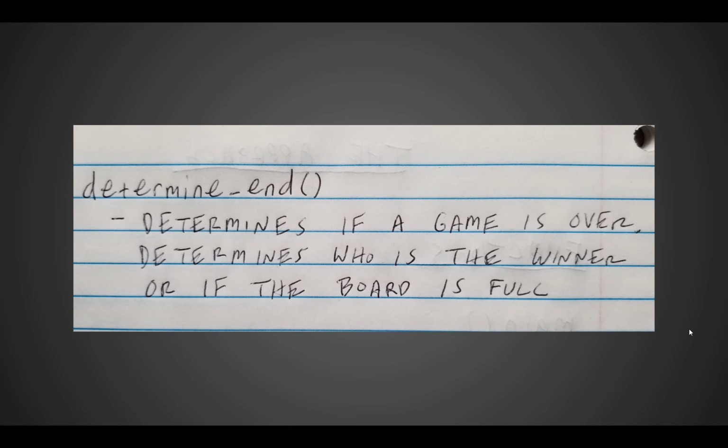The game can also end when the board is full and there is no winner. If you've got a board full of X's and O's but no one has won, that is the end of the game as well. So the game ends two ways: if there's a winner or if the board is full. The determine end function does both of those determinations.